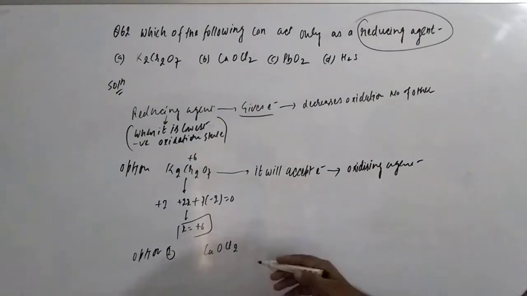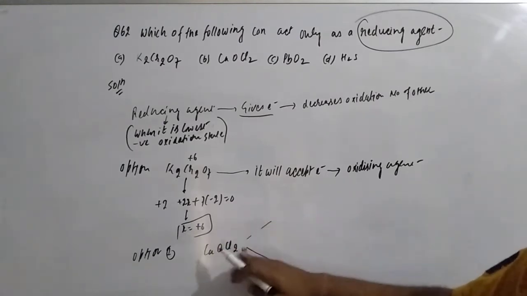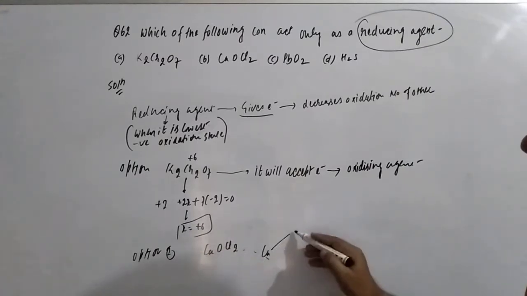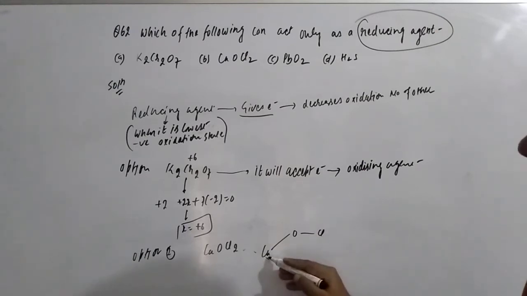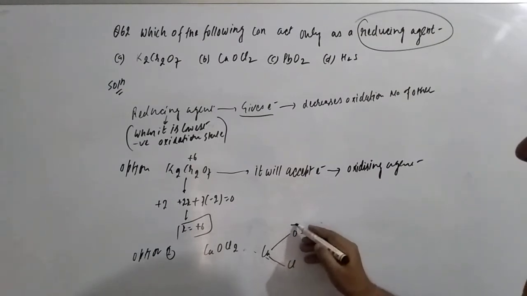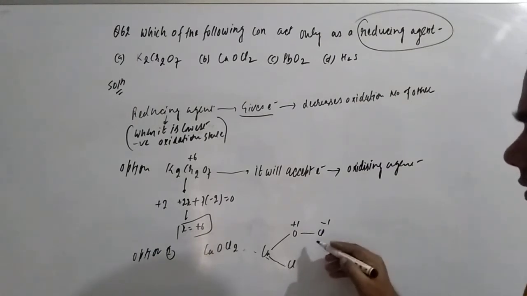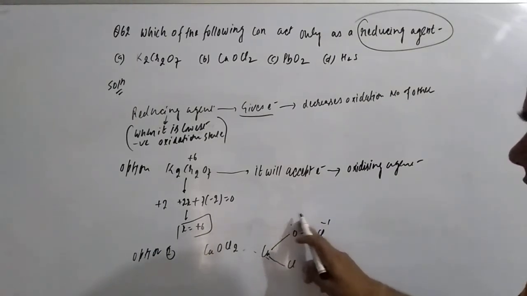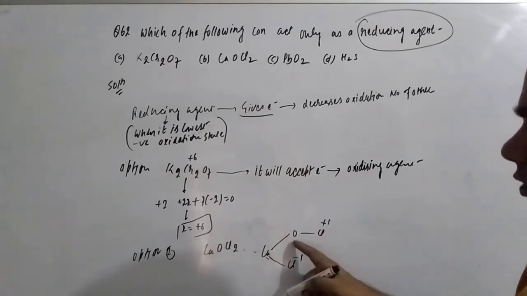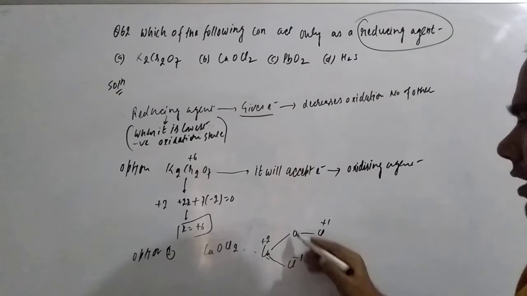First of all, this is actually an oxidizing agent, but you can check it with the help of its structure. Calcium is there, O is there, and here is Cl, and here is another Cl. Oxygen is more electronegative, so one Cl is in the +1 oxidation state and the other is in the -1 oxidation state. Here calcium is +2, so this cancels out the -2.